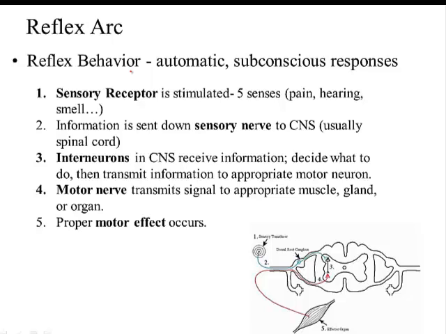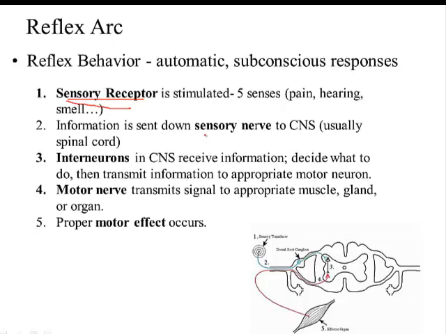And it's actually a 5-step process in the way that we respond to things using the reflex arc. First of all, a sensory receptor is going to be stimulated. This is usually by one of your 5 senses, so pain, hearing, touch, smell, something like that is going to be stimulated. The information is going to get sent down the sensory nerve to the central nervous system, usually the spinal cord when we're talking about the reflex arc.